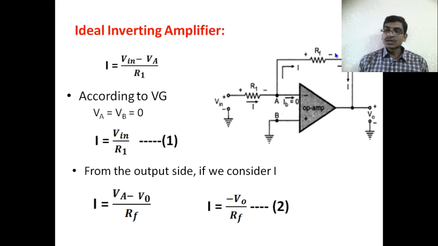And according to the virtual ground concept, Va is equal to Vb is equal to 0. Therefore, after substituting 0 here, I is equal to minus V0 by RF, which is equation number 2.